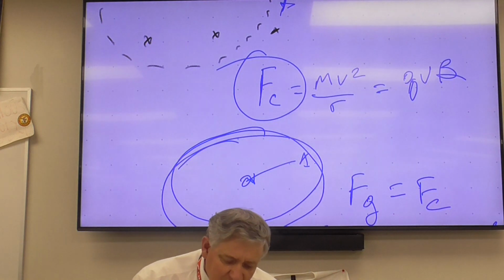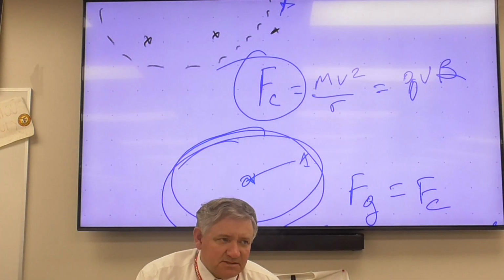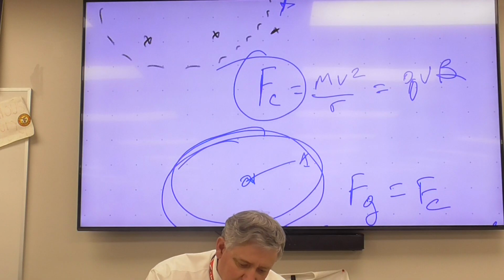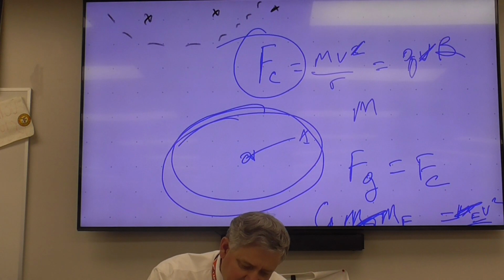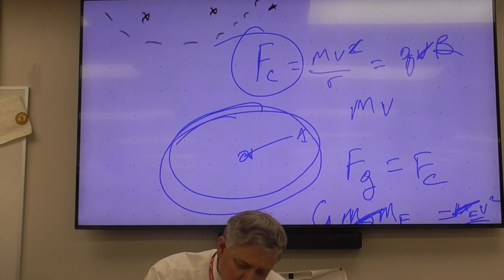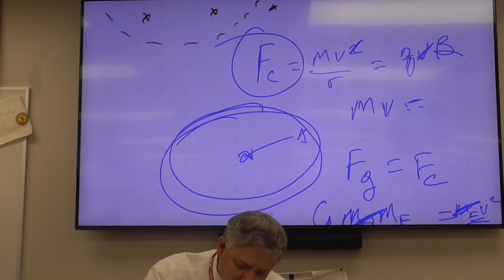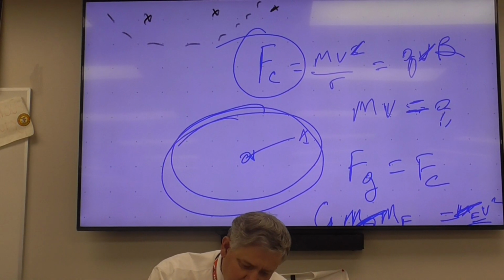Now, conveniently, what's going to happen to one of the velocities? It cancels out, right? mv over r equals qB. If you cross multiply, because I hate fractions, I get mv equals qBr.